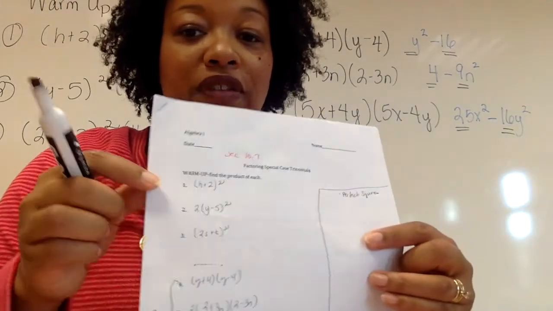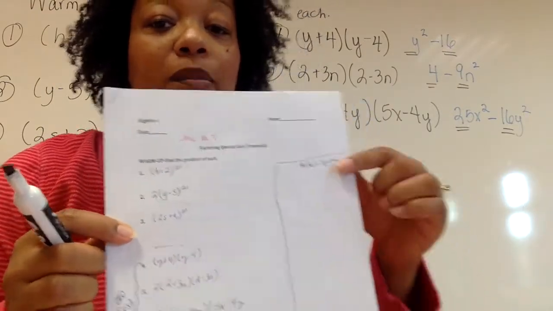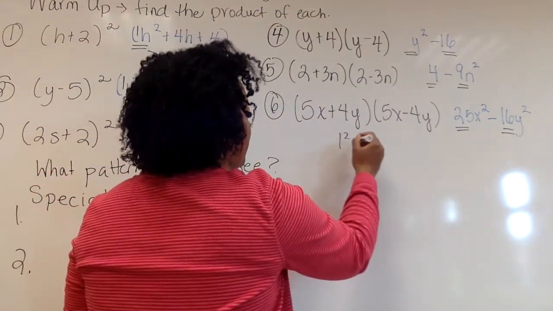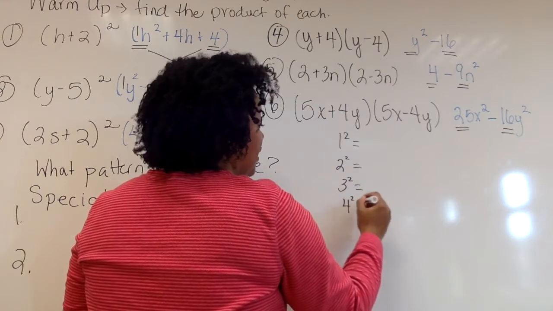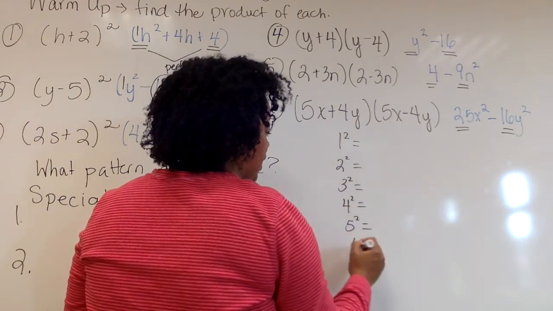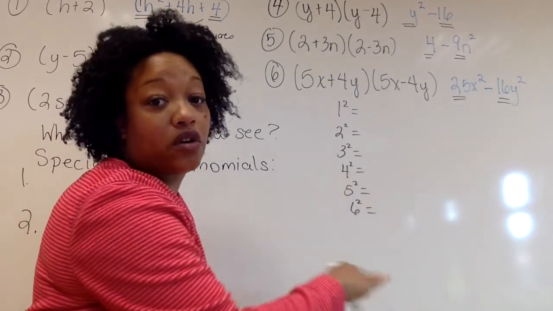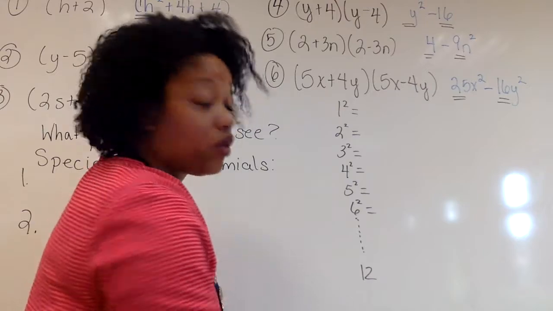I would take a little box on the side of your paper, your notes, and I would just write them out. If you don't know them by heart, which you may not, some of y'all don't even know your multiplication table, so I don't expect you to be able to know your perfect squares. But I would take a corner on your notes, and I would go all the way down to 12 squared.